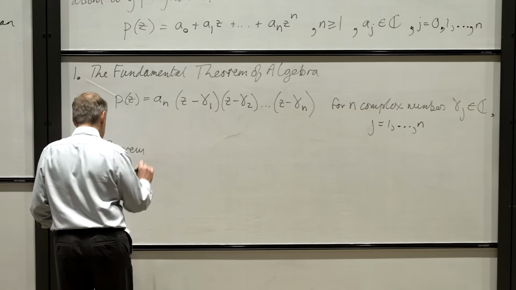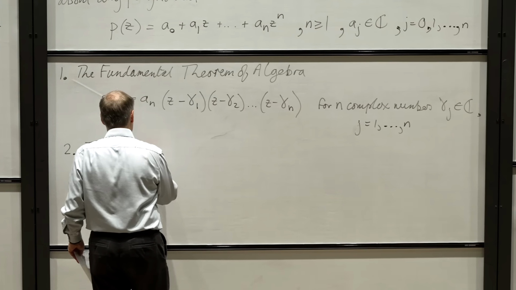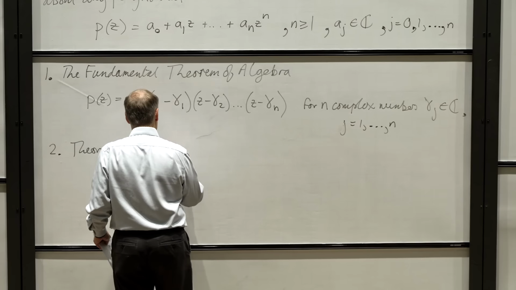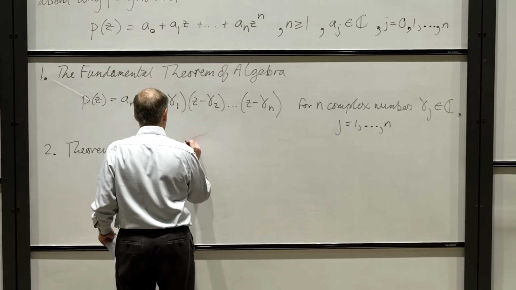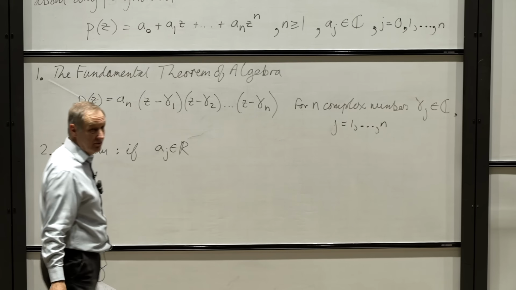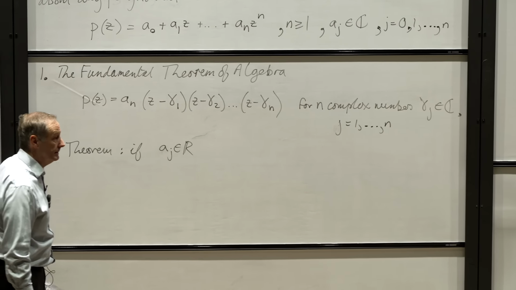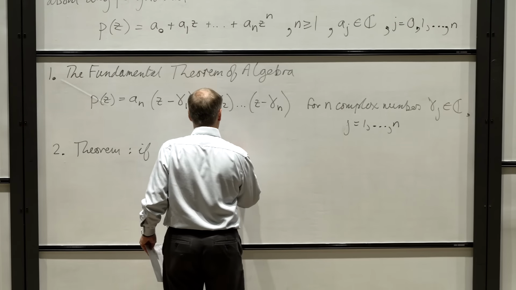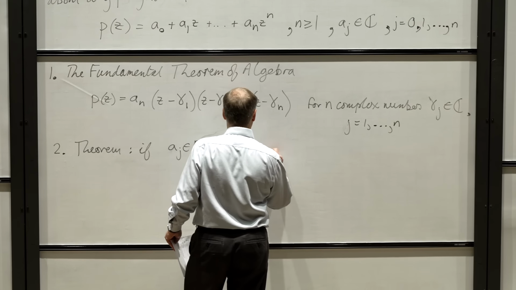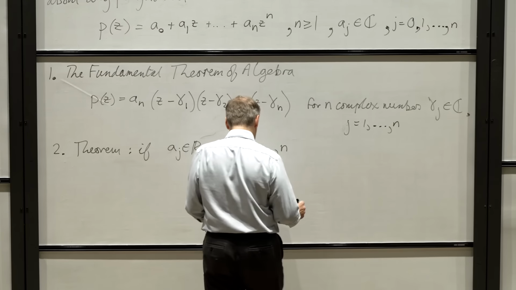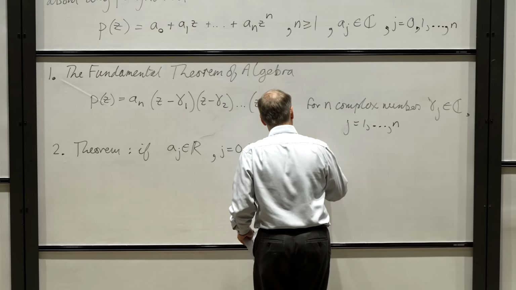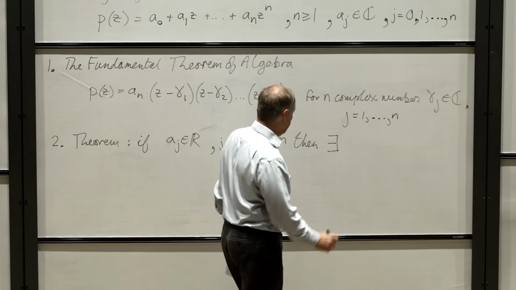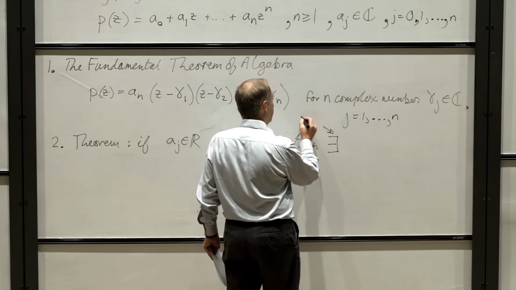I just don't think this has a name, so I'm just going to call it a theorem. So if these a j's are not complex at all, well, they are complex, but they're also real. If the a j's are real, all of them, then, and I'm going to use this character a little bit, this character means there exists.